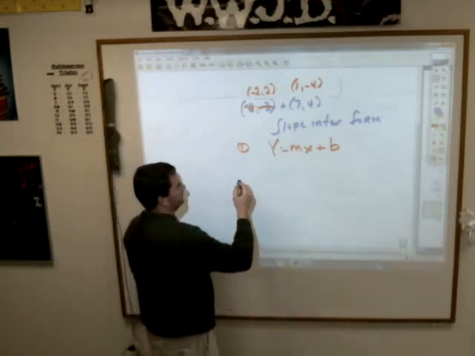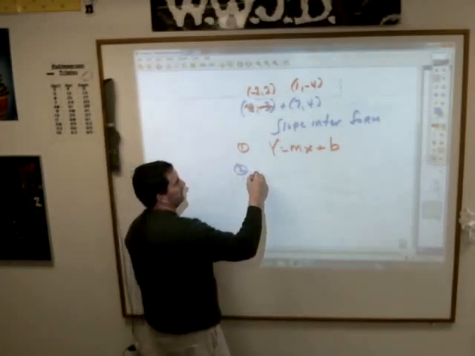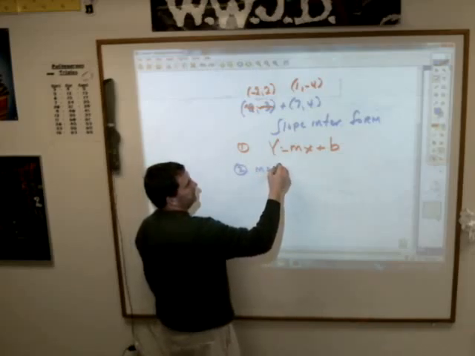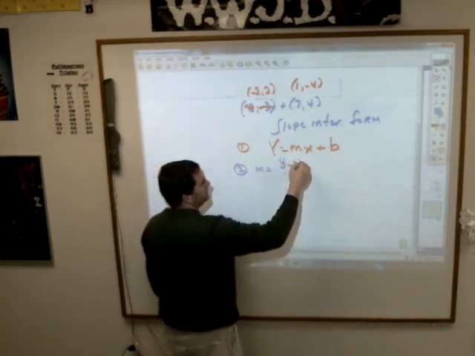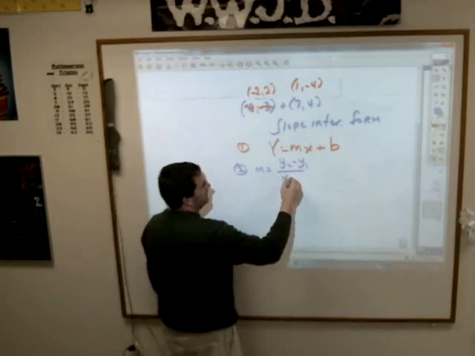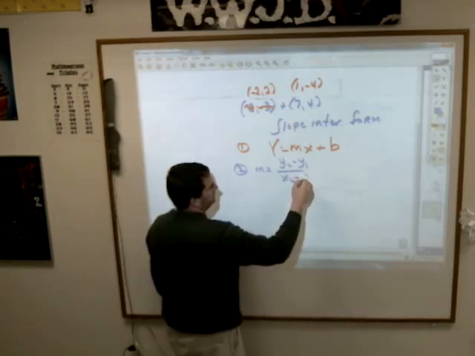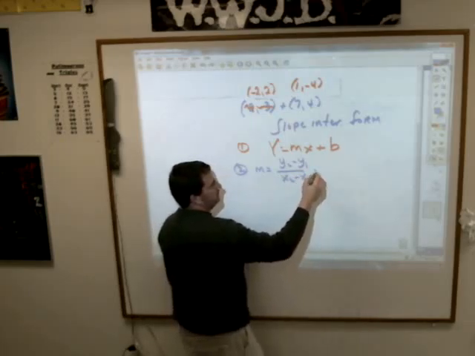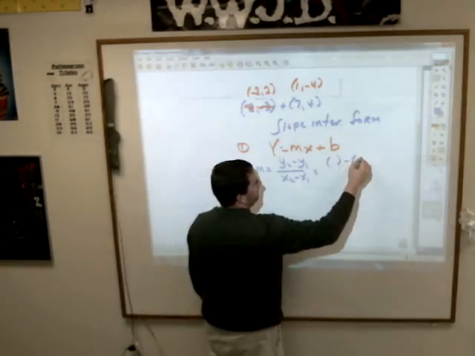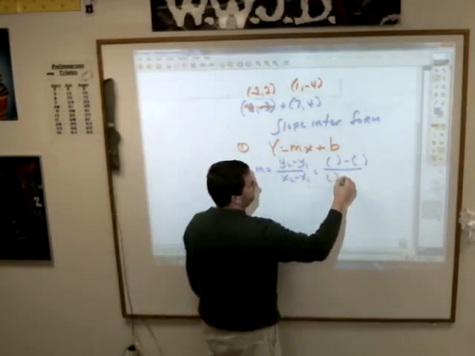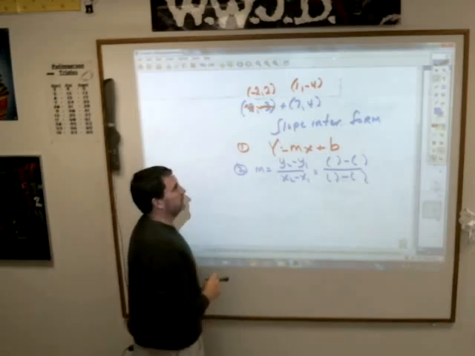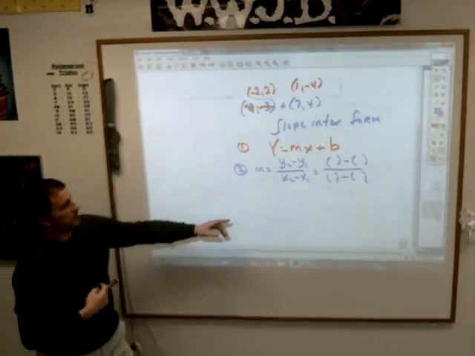So step number 2 is find the slope. The letter m equals y2 minus y1 over x2 minus x1. And that means I put parentheses in for my y's, parentheses in for my x's. Stop me there if you're not seeing what we're doing here. We're looking for this letter right here.